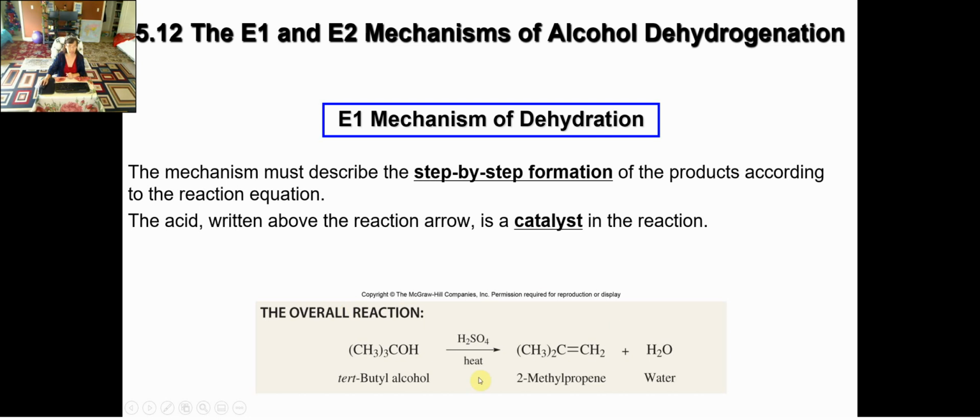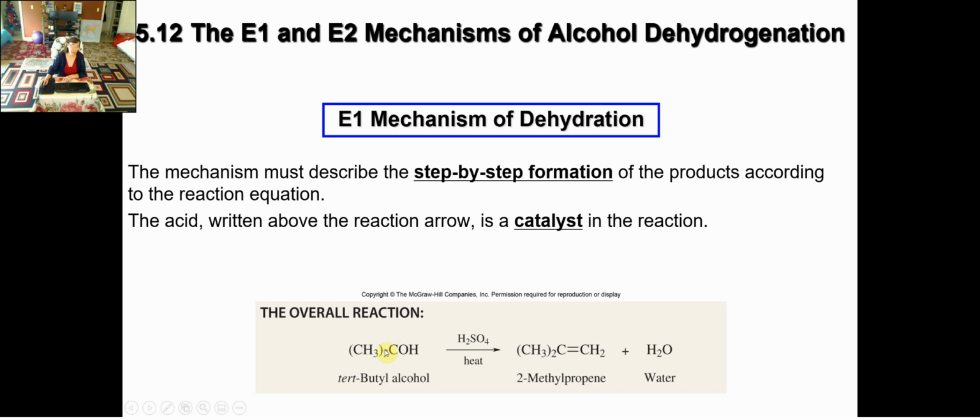In this case, you see this alcohol under heat, with sulfuric acid as a catalyst, producing propene and water. You write your acid above the reaction arrow, representing that the acid is a catalyst. So this reaction is a catalytic reaction. Also, you require a temperature increase. You need to heat it up.